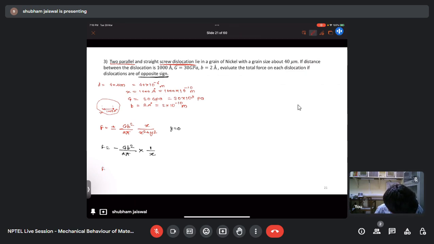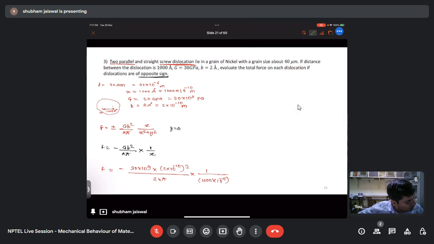So F equals minus, G is 30 into 10 to the power 9, into b² is (2 into 10 to the power minus 10) whole square, upon 2 into π into 1 upon 1000 into 10 to the power minus 10.